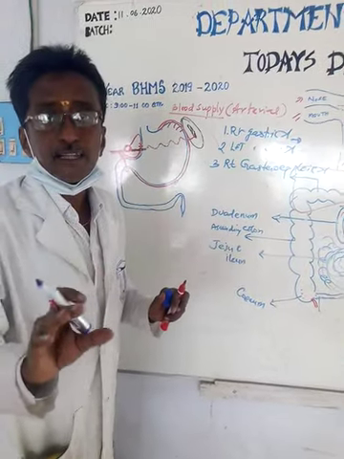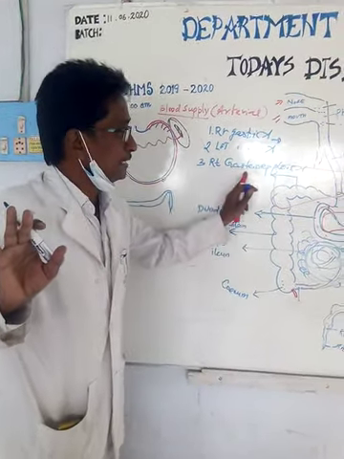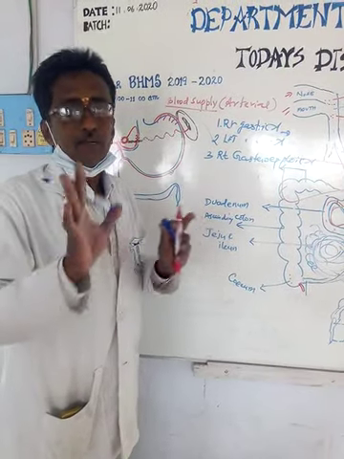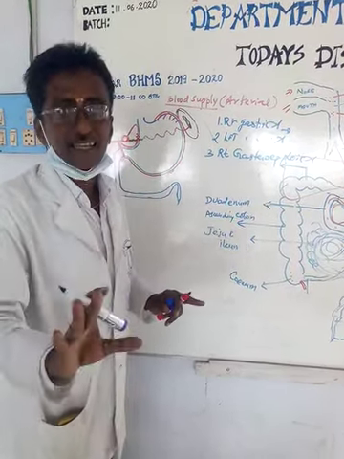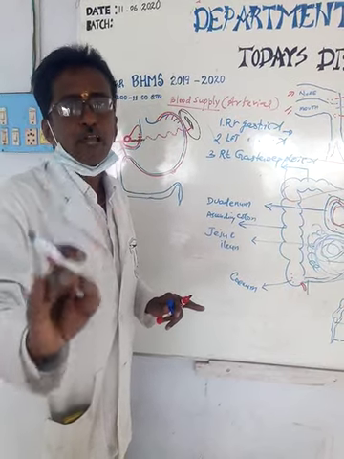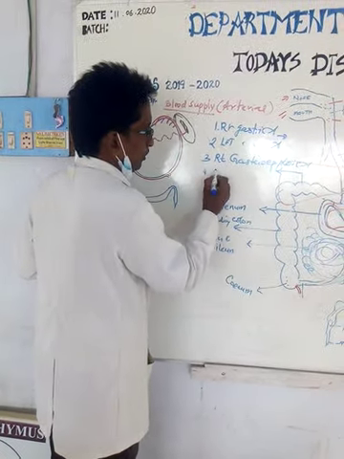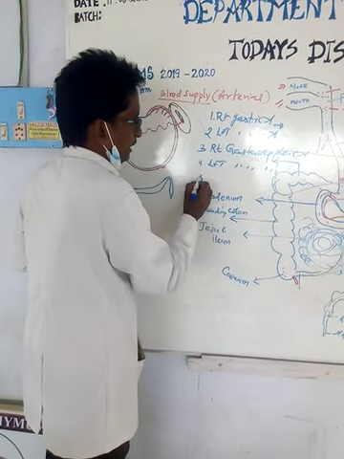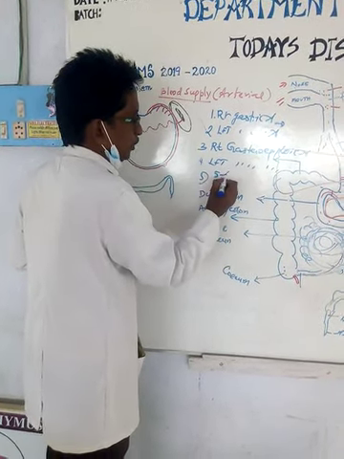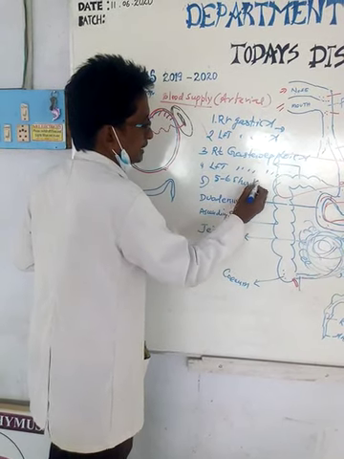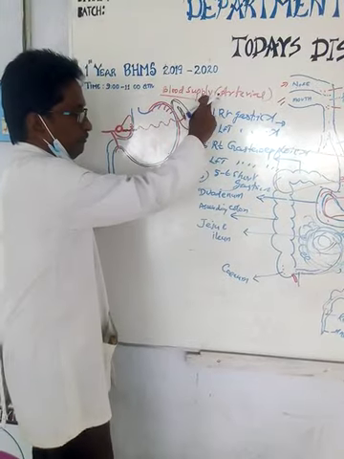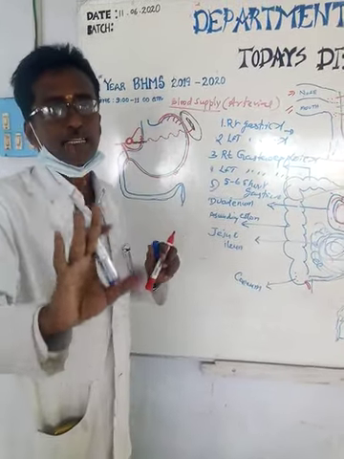See, many students are confused with this word. Only epiploic artery, never put word gastro. So you must write gastroepiploic artery. Number 4, left gastroepiploic artery. Number 5, short gastric artery. These are the 5 sets of arteries supplying the stomach.